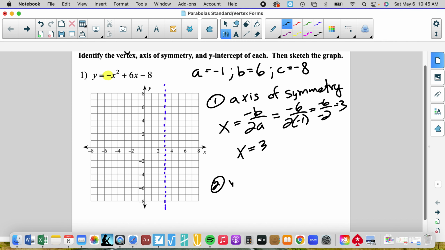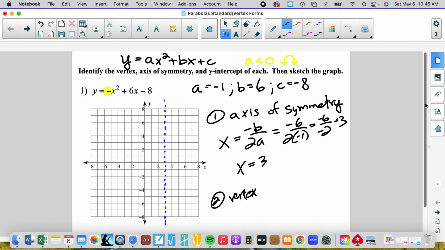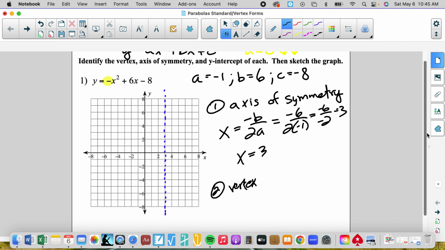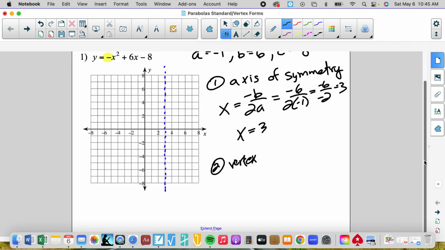Second step is to find the vertex. When we find the axis of symmetry, we know the vertex will lie on it. In this case, because it's upside down, this vertex is actually going to be a maximum point. It's going to be my highest point on the parabola. But we already know the x value of the vertex.